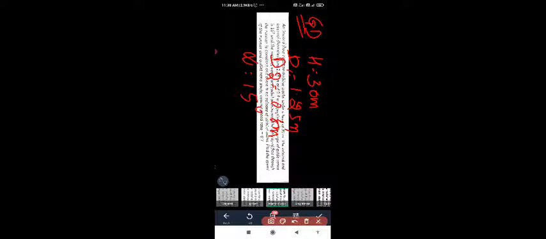And the velocity of flow through the runner is constant and there is no velocity of whirl at outlet. So the velocity of flow through the runner is constant, so Vf1 is equal to Vf2.